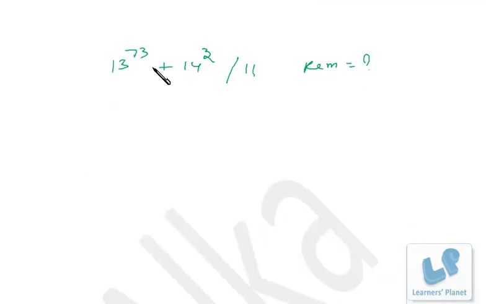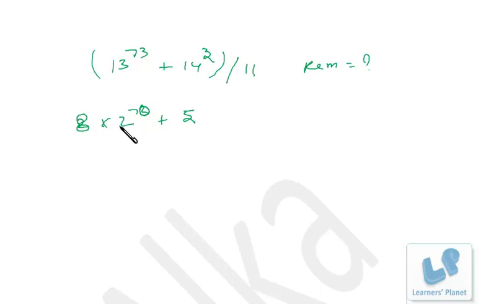Now this one, 13 raised to 73 plus 40 raised to 3 divided by 11, remainder is what? Once again, pretty simple. Individually, that's 2 raised to 73 plus this is 3 raised to 3, that's 27. 27 divided by 11, the remainder is 5, right? Now 2 raised to 73 can be written as 2 raised to 70 into 2 cube. Okay, that's 8.